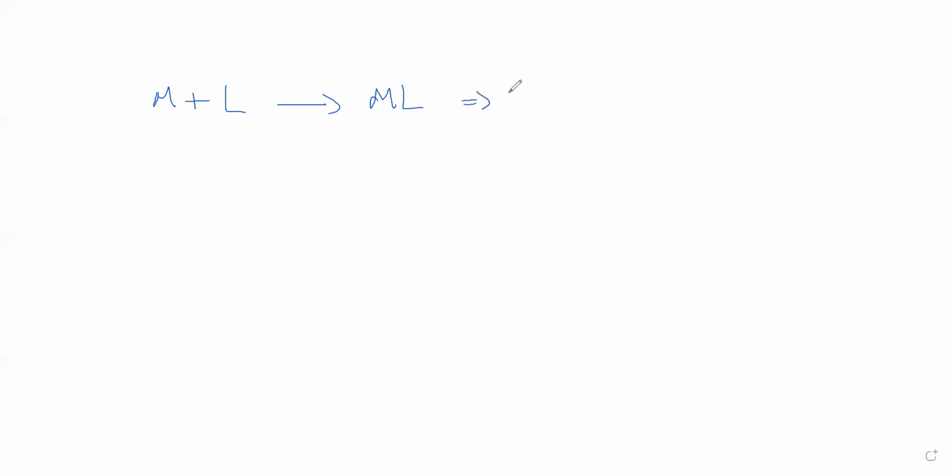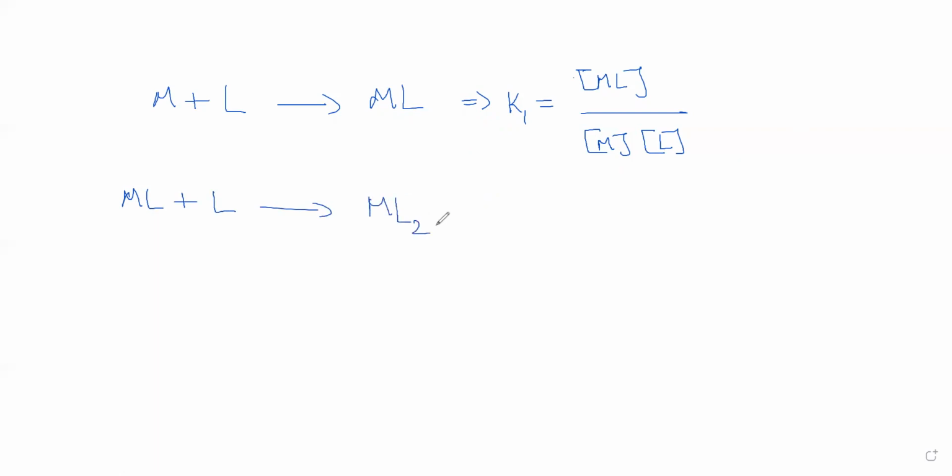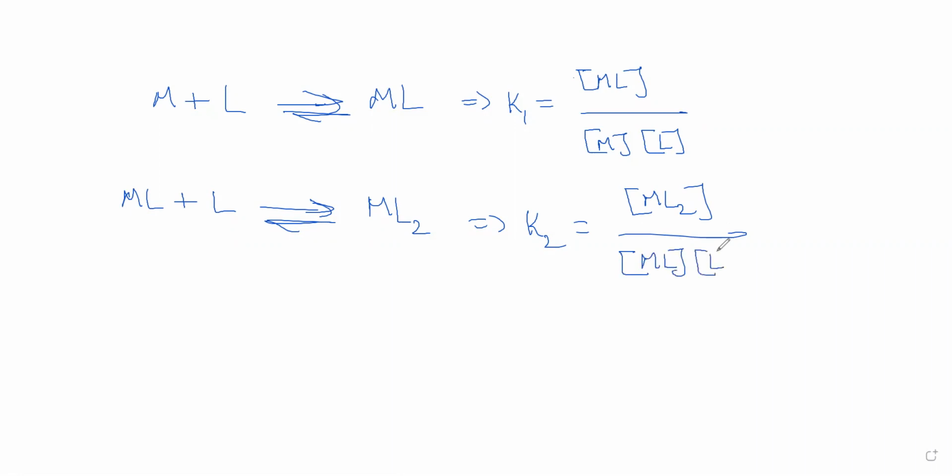We'll write K1 as the stability constant, that is the concentration of ML divided by the concentration of the metal ion into the concentration of L. Now ML plus L again gives ML2, and again we'll write K2. The equilibrium constant we are talking about, so we'll write a reverse arrow. K2 is ML2 divided by ML times L.